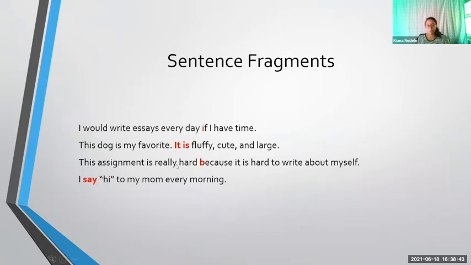When you have phrases, maybe they're adjectives, fluffy, cute, and large, or sentences without a verb, remember to add that subject and verb to make it a complete idea. Right? When we have a period, a full stop, a new idea, this sentence should make sense by itself.